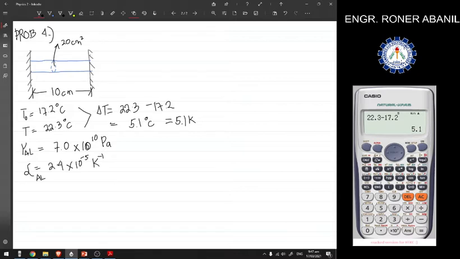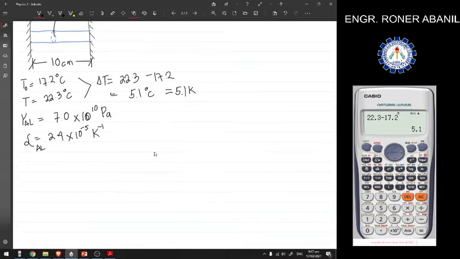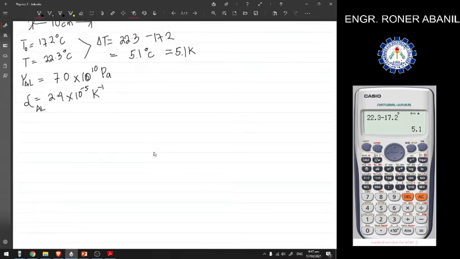So, gagamitin natin yung formula kanina, no? Ayan. So, yung formula ang gagamitin natin is yung F over A is equal to negative Y aluminum to, no? Ay, hindi. Kailangan natin lagyan kasi dalawang material pala to.